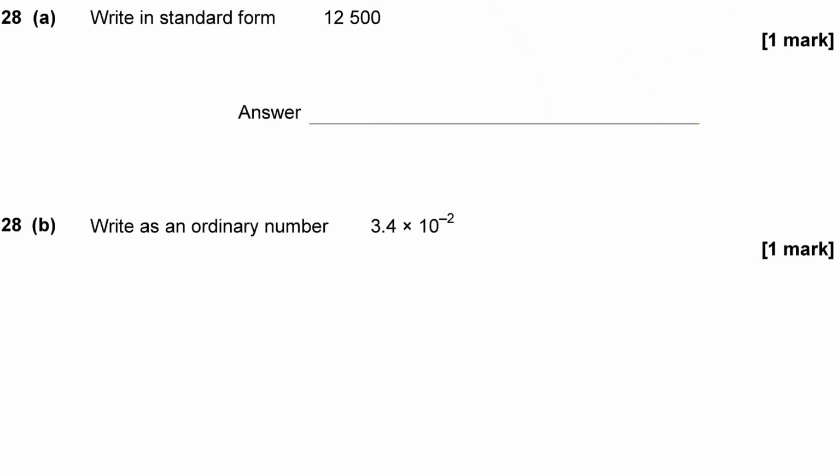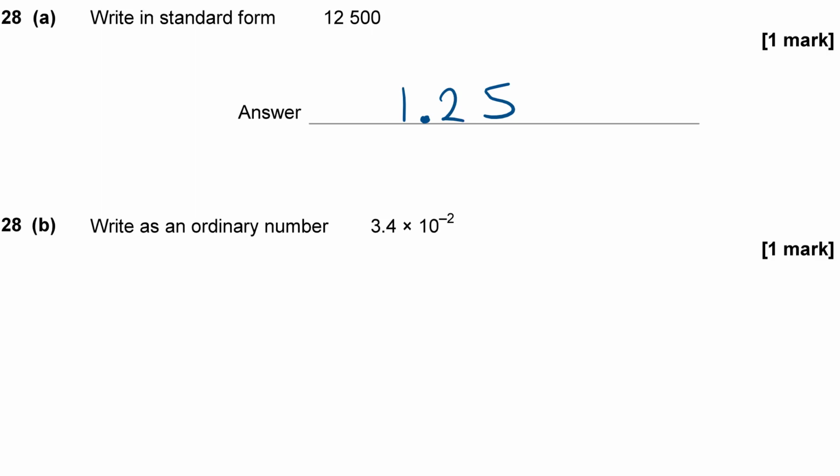Question 28a, write in standard form 12,500. Okay, well, when we write something in standard form, we use the same digits. So I'm going to use the digits 1, 2, 5. But I'm going to put the decimal point there between the 1 and the 2. So the mantissa part, or the number part, has to be a number between 1 and 10.